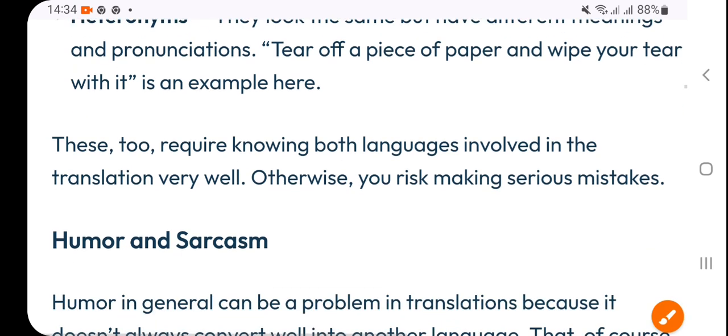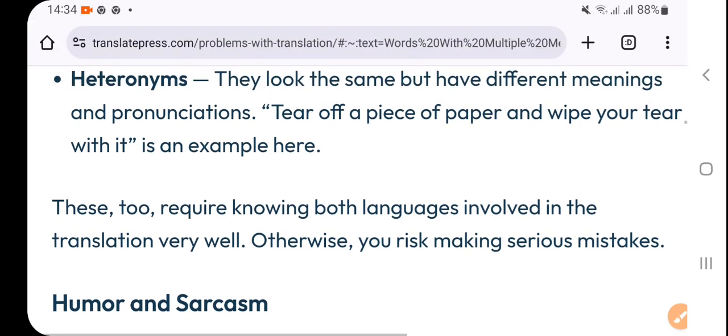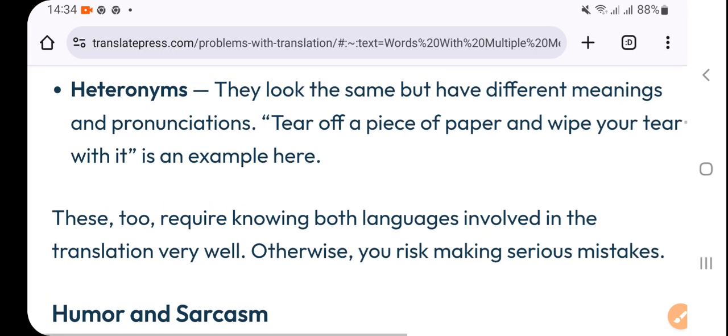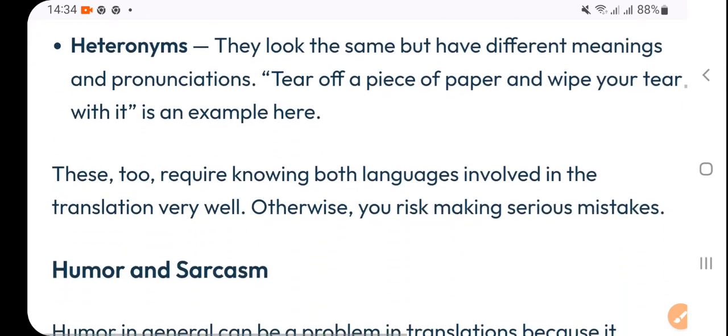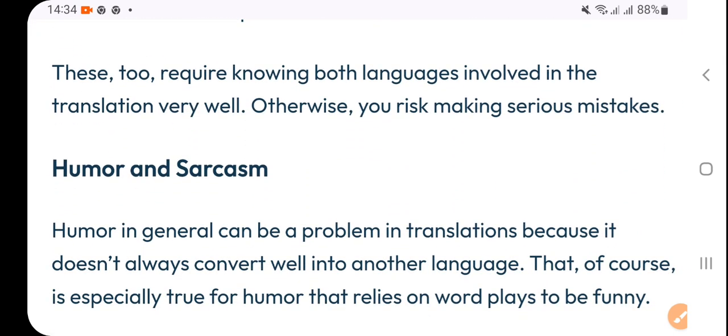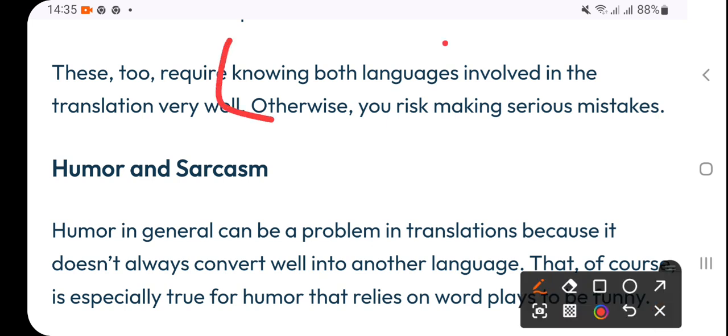So that's another example, heteronyms, where the words are spelled the same but pronounced differently. These two require knowing both languages involved in the translation very well, which is very important, otherwise you risk making serious mistakes, right?